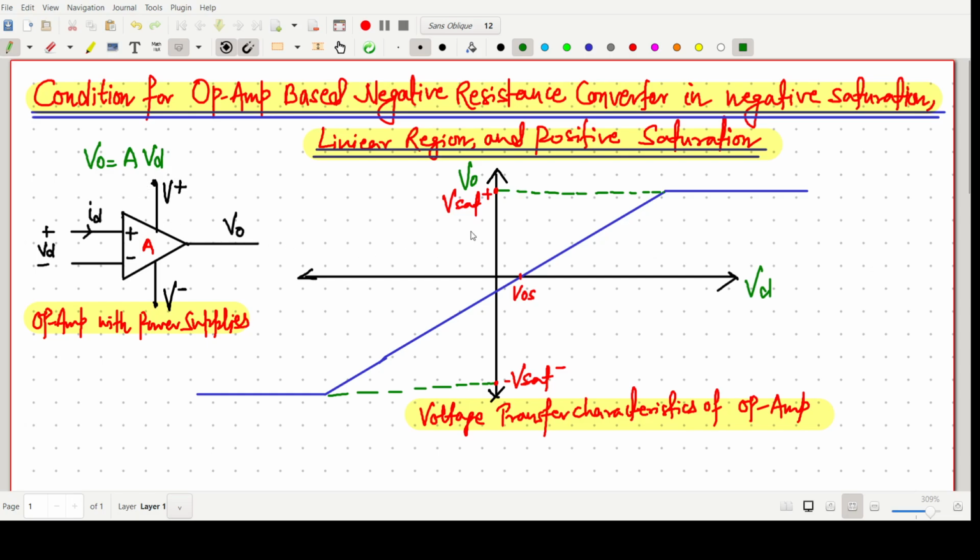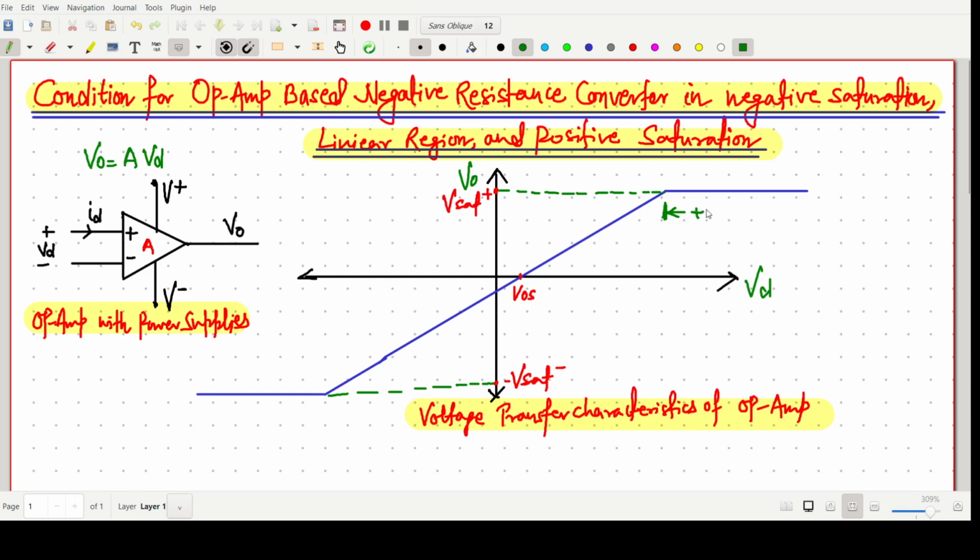Okay, and the corresponding V naught versus Vd graph I am making here with some shift from the origin, and it is due to some offset voltage. It passes near the origin, not completely through the origin, and this one is the positive saturation region.